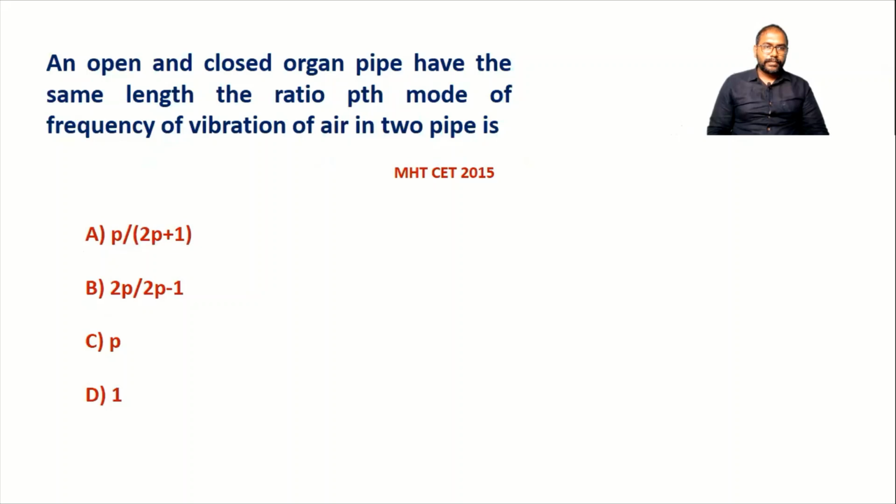Now next question is: an open and a closed organ pipe have the same length. So here the condition is same length. The ratio of the pth mode of frequency of vibration of the air column in the two pipes is. For open pipe, I use the frequency of the pth mode as Pn, and for closed pipe, the frequency of the closed one.